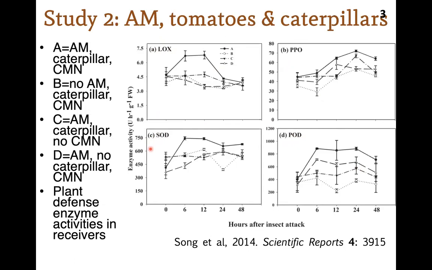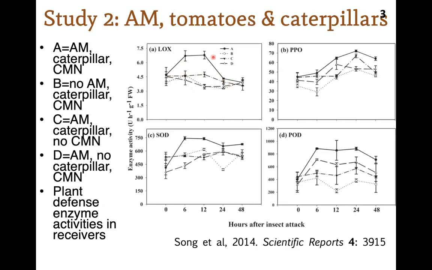So you've got the one plant that had the caterpillar on and the one that didn't. And so you had the pairs of plants, one which had the herbivore and the other that didn't. And so this is the responses in the plants that didn't have the herbivore, so the receiver plants, in other words. And what each of these lines represents is one of those 4 treatments.